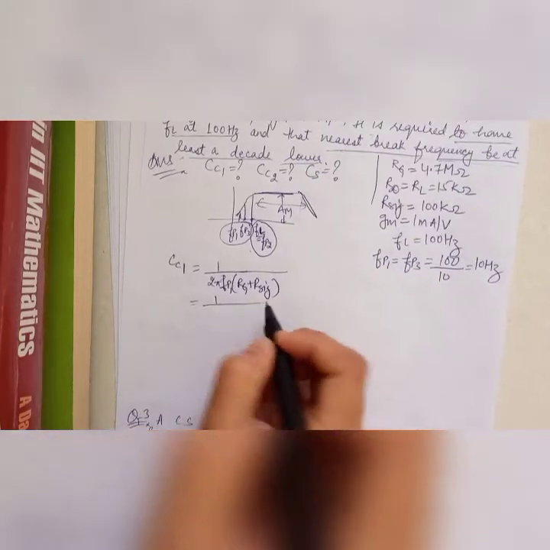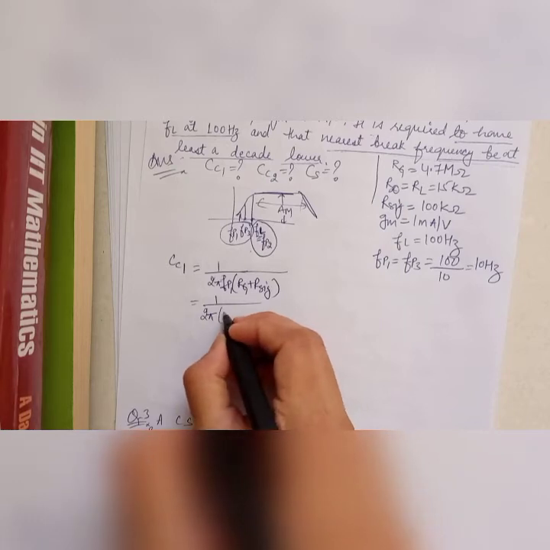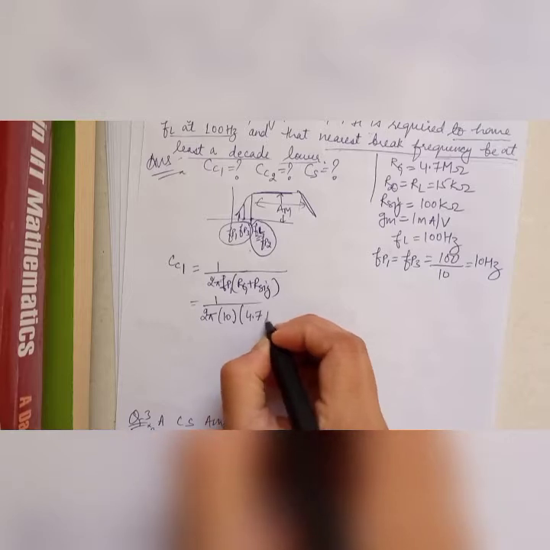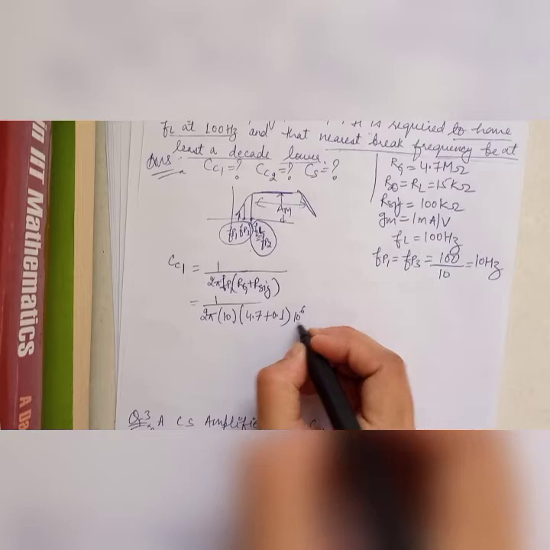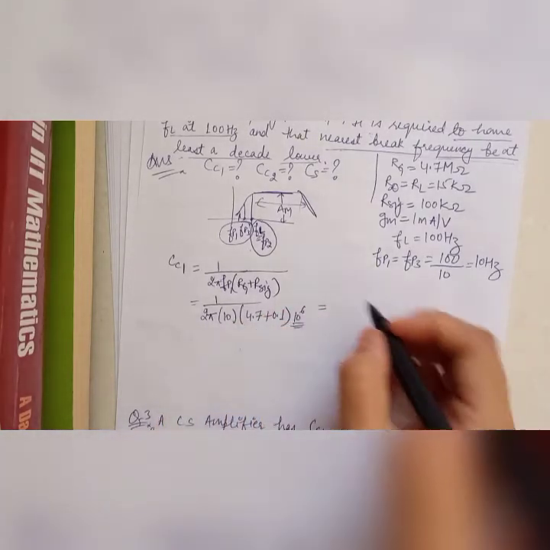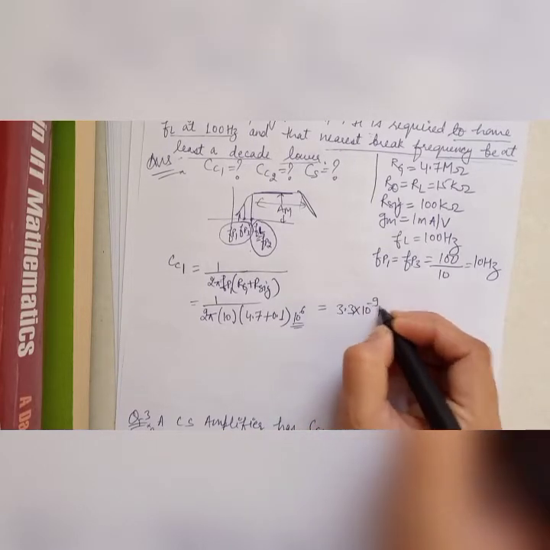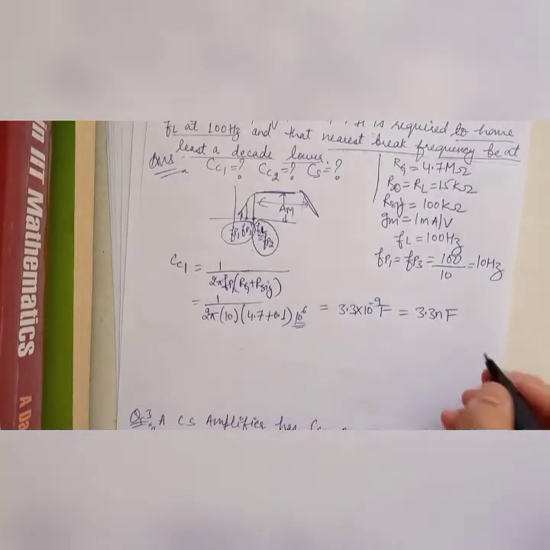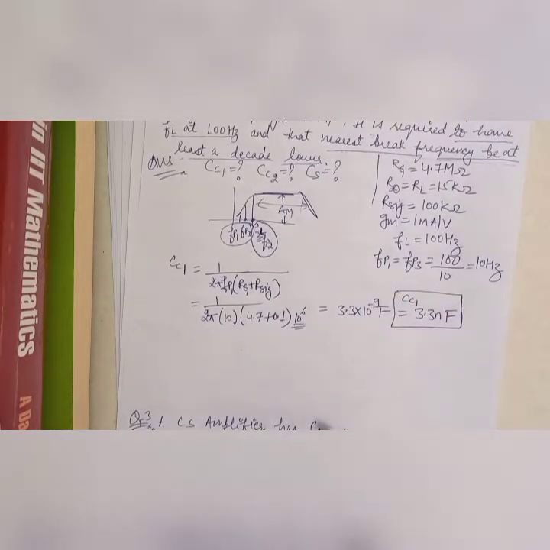From here I can substitute the value. 1 upon 2 pi, FP1 is 10, RG is 4.7 megaohms plus RSig is 0.1 megaohms, into 10 to the power 6 because it's a megaohm. So if I calculate, CC1 comes to be 3.3 into 10 to the power minus 9 farads, or 3.3 nanofarads. So this is the value of CC1 here.